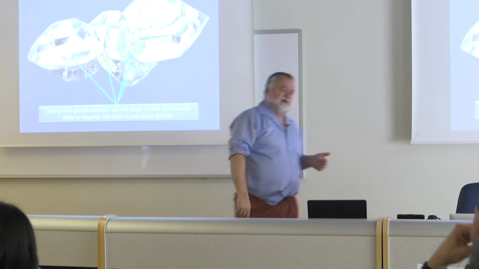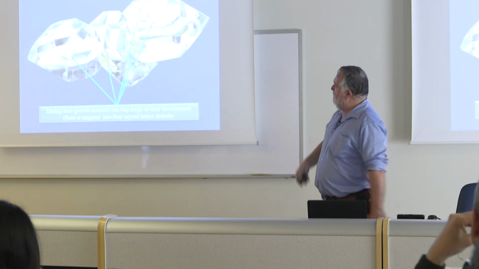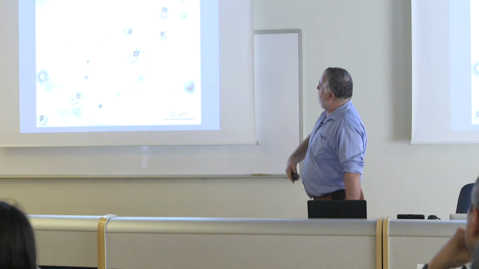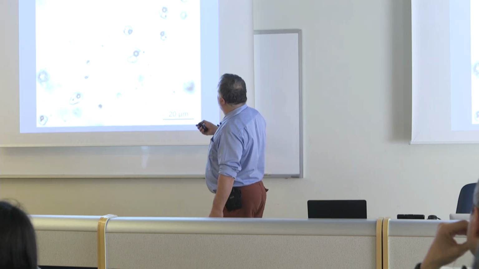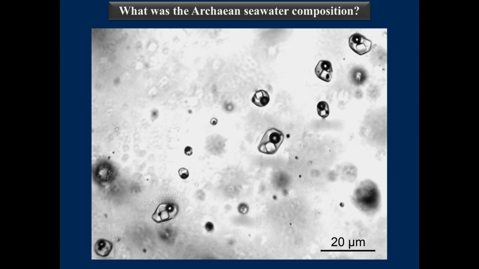And in sedimentary minerals, there is a lot of this kind of fluid caught by the minerals. For instance, here, I think this is sedimentary quartz, and we have these defects in the system, and there is a lot of fluid inclusions.